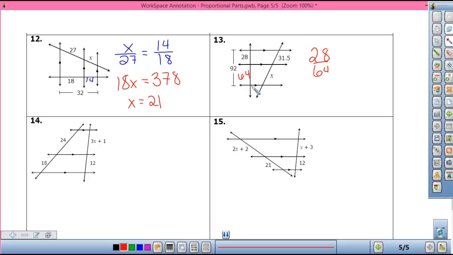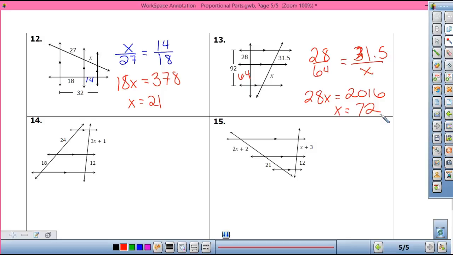Everyone's checking my work, everyone's checking everybody else's work, correct? All right, equals. There you go, 31.5 over x. So 28x equals 2016. Is that right? Everyone's confirming that? X equals 72.